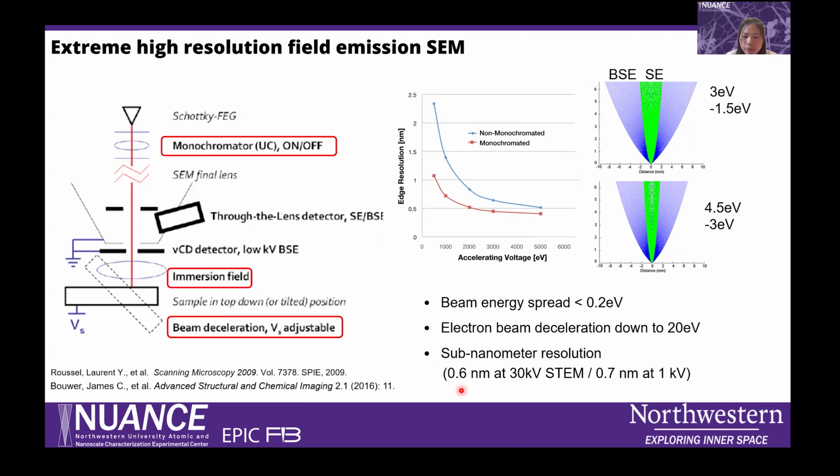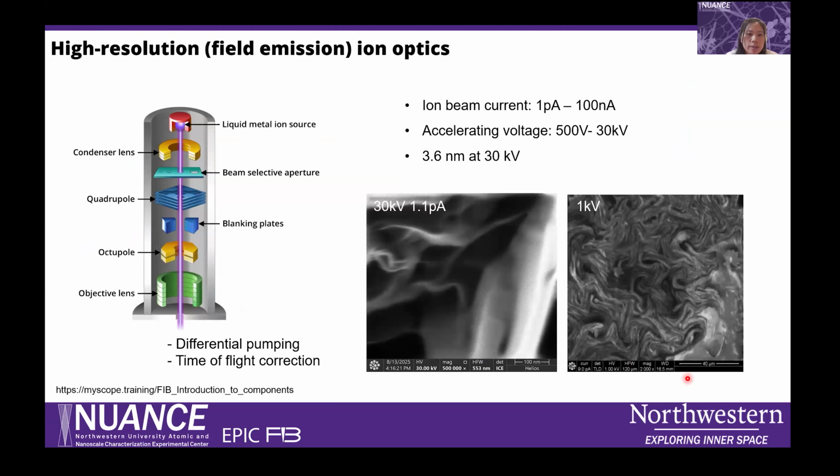So finally, with these three techniques integrated in the SEM optics, we can achieve sub-nanometer resolution. Ideally, when you use the FIB-SEM detector, you can achieve 0.6 nanometer at 30 kV and 0.7 nanometer at 1 kV for the surface resolution. The next is the ion optics, which is equally advanced. This shows the setup of common ion optics, but with differential pumping and time of flight correction, the resolution can be down to about 4 nanometer.